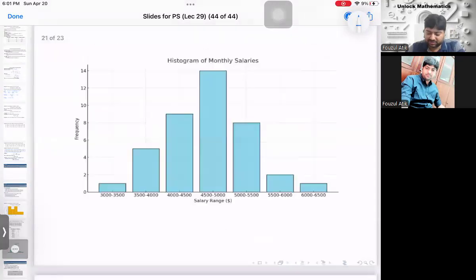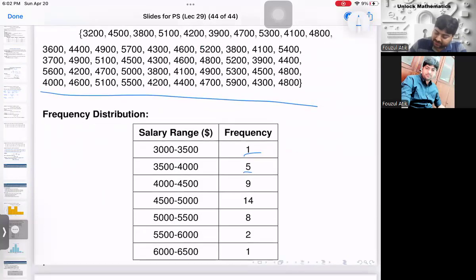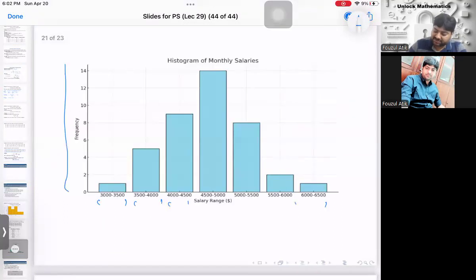How to do it? We just write these class intervals or bins in the x-axis, and the y-axis represents the frequencies. We can see that this one has the maximum frequency, 4,500 to 5,000, which is 14. And we can see that it is very much a normal distribution from the data.